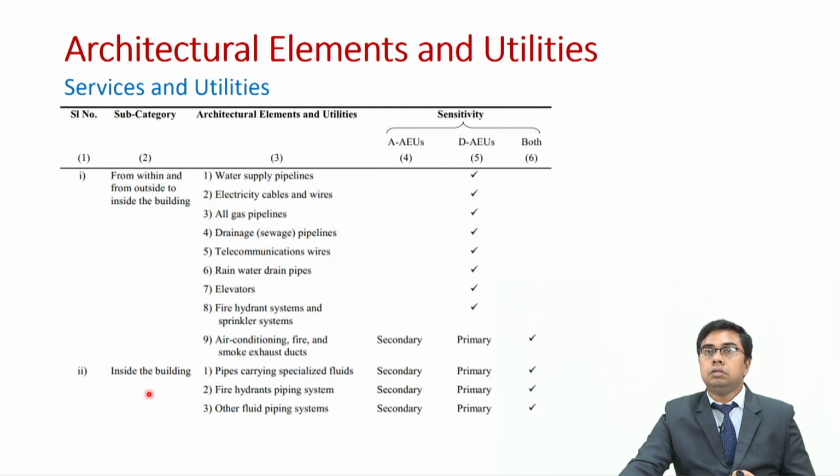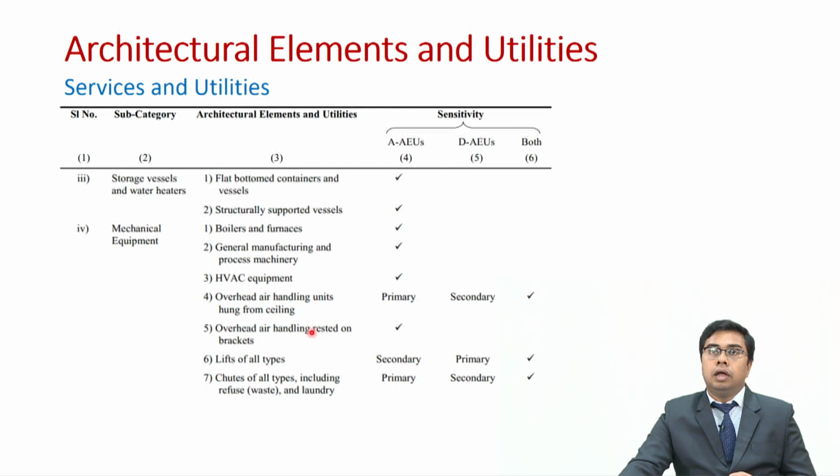Now, within the building we can have pipes carrying specialized fluids, fire hydrants piping system and other fluid piping system. These can be classified as ADAEU depending on the judgment of the engineer, but most of these services and utilities can still be classified as DAEUs. As you can see, even these have been classified primarily as DAEUs. Let us look into some other services and utilities such as storage vessels and water heaters.